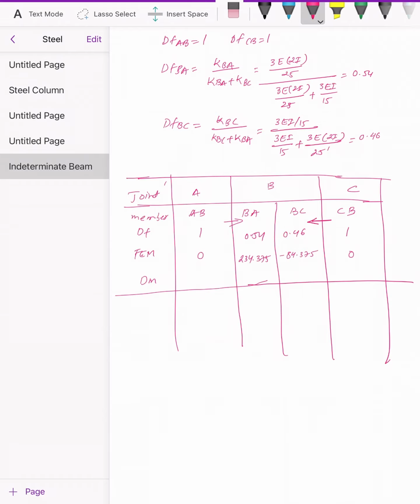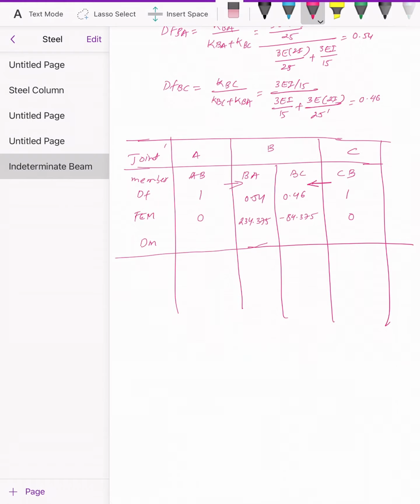What is our unbalanced moment? In order to find the unbalanced moment, it will be negative always: 234.375 minus 84.375. This is our unbalanced moment.